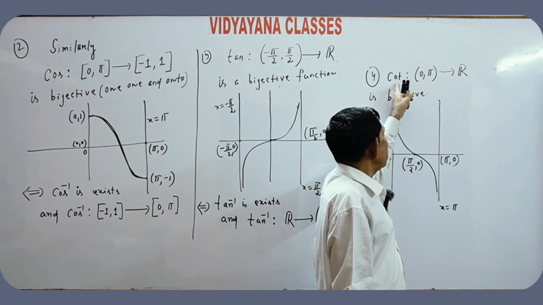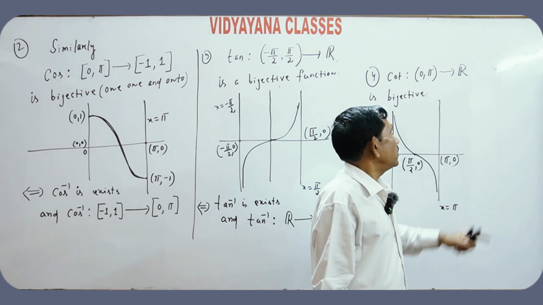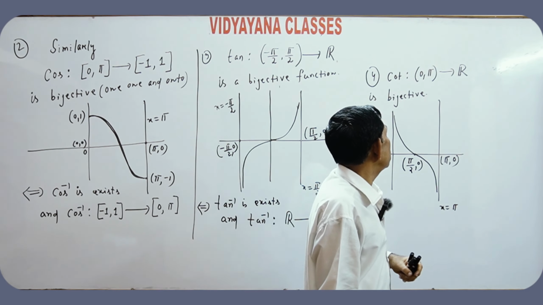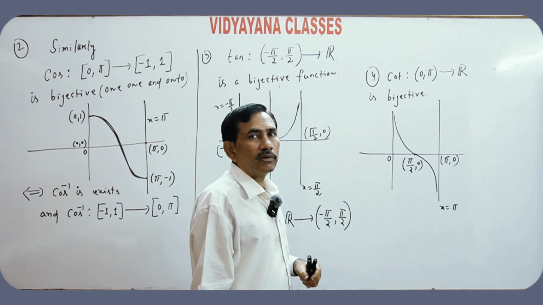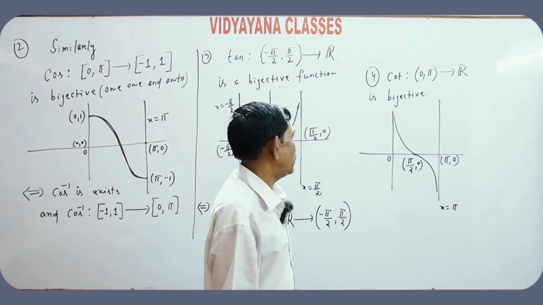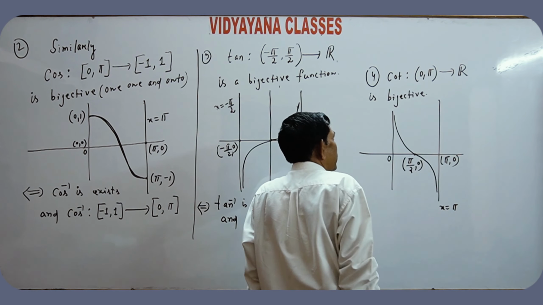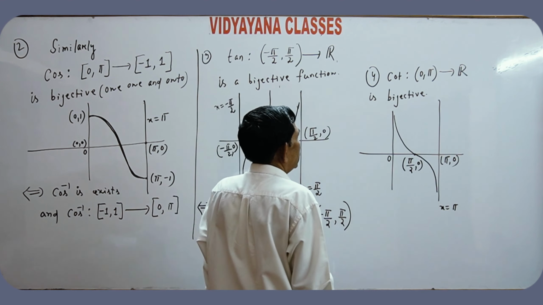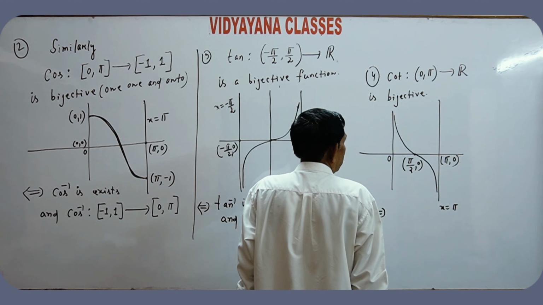That means the range of the cotangent function is equal to the codomain set. Since the range is equal to the codomain set, the function is called onto. The function defined by cot is bijective, that means 1-1 and onto.